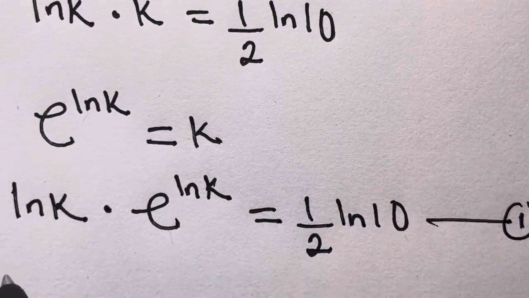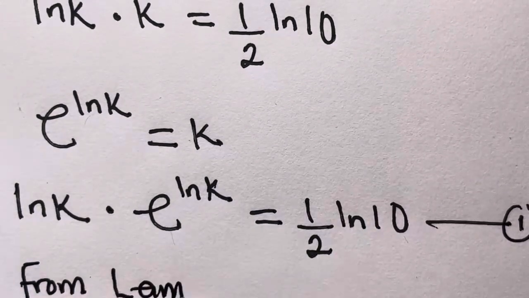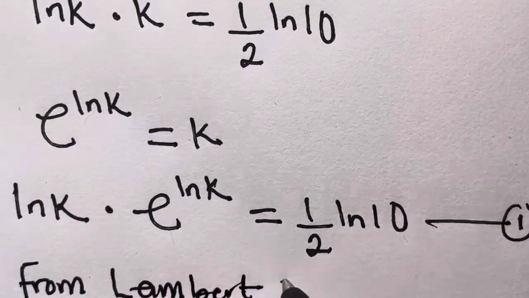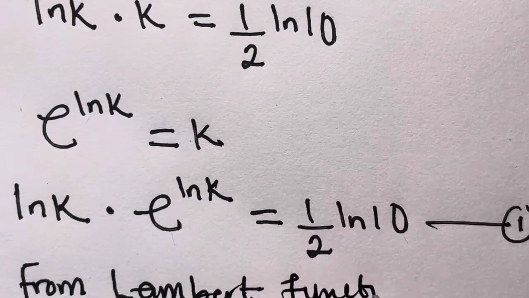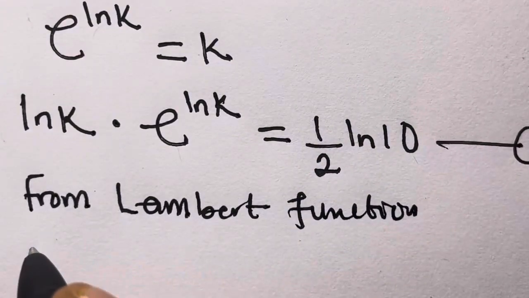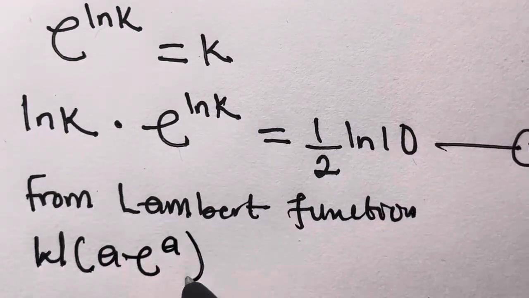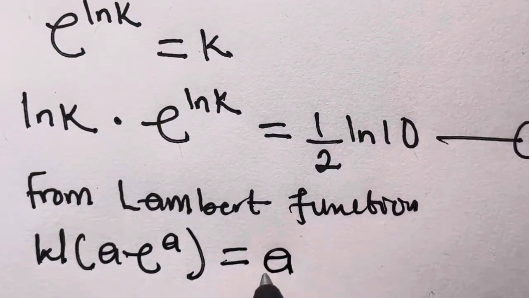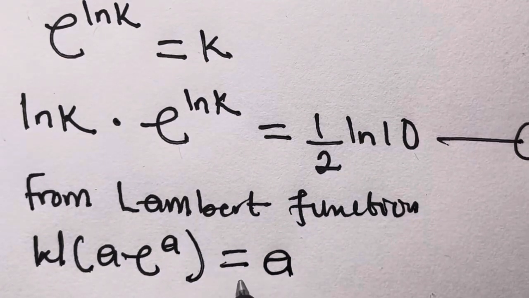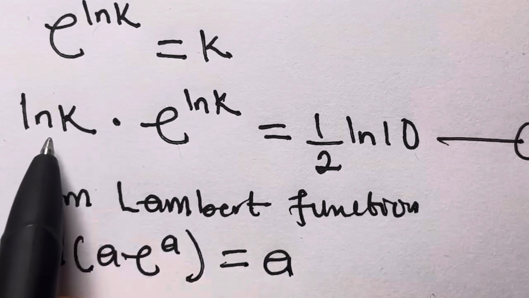So here, from the Lambert function, if you have the Lambert function of a exponential a, this will be equal to a. The reason why we want to do this is we want to make what is here the same with what is here.